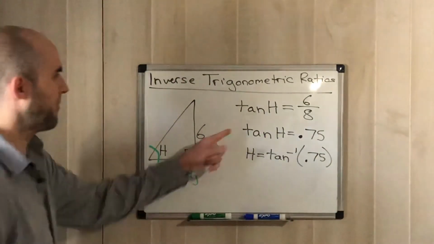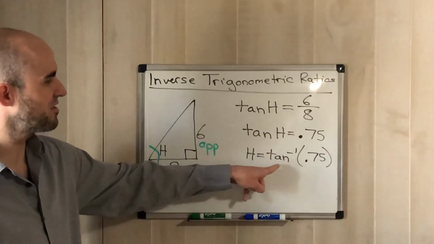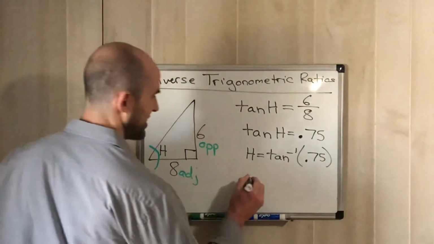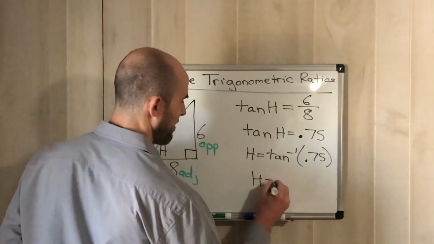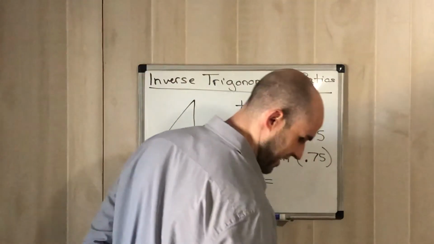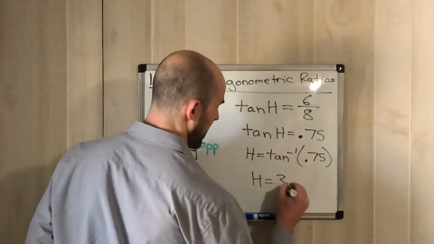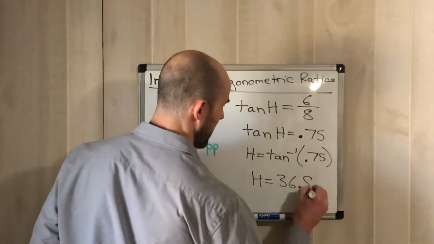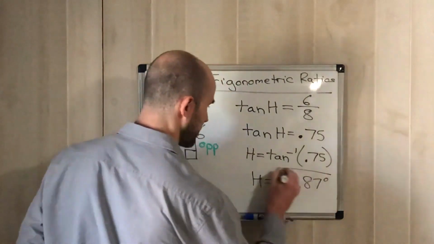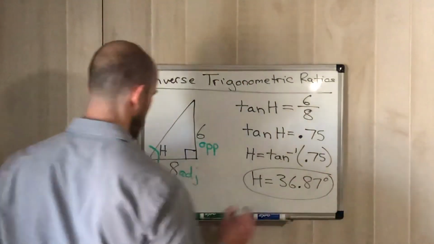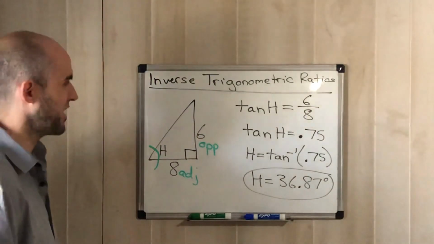Okay? Opposite of tangent was tangent inverse. So now if we take the tangent inverse of 0.75, it's going to tell us that angle h is going to end up equaling 36.87 degrees. So we know that this angle here is going to be 36.87.